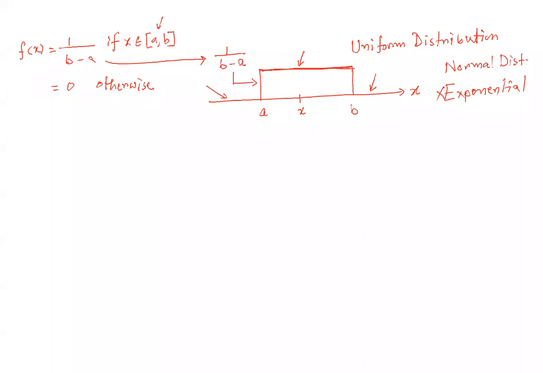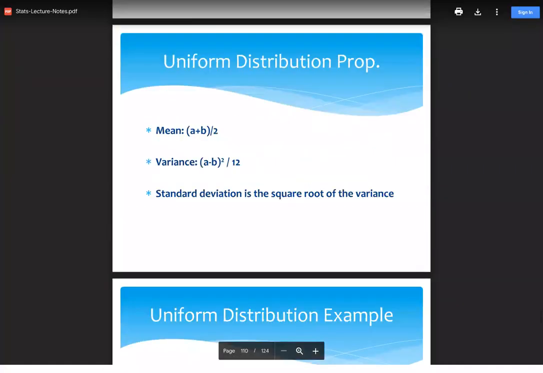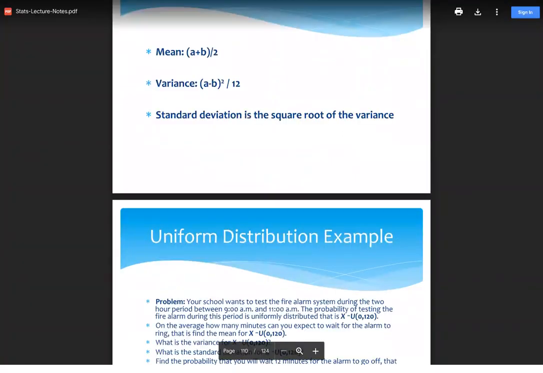Now, having said that, let me give you a specific example that would help you see things better. A couple more things about uniform distribution. The mean, mu, is a plus b divided by 2. The variance, sigma square, is b minus a whole square divided by 12.